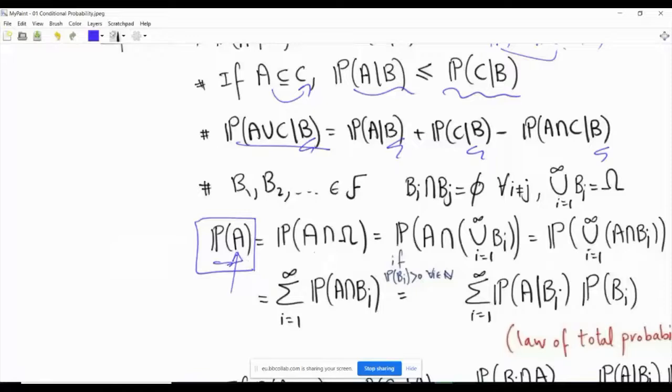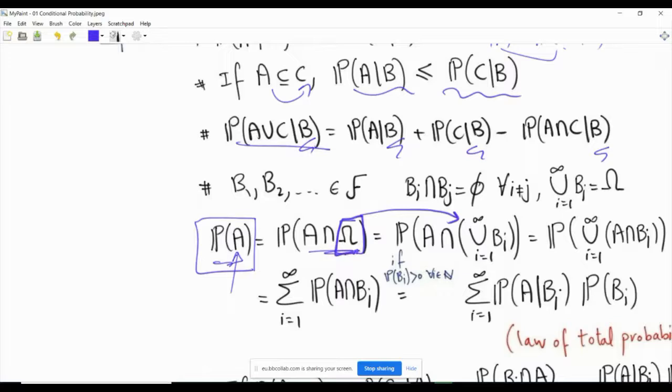You can always write A as A intersection big omega, because A is a subset of big omega, so their intersection is A itself. And then you can partition big omega, which means that you can express big omega as a union of disjoint subsets of big omega.